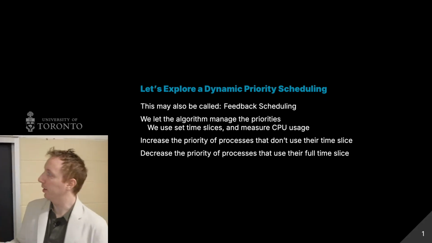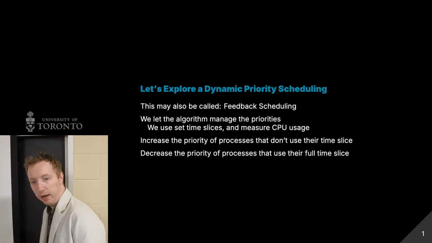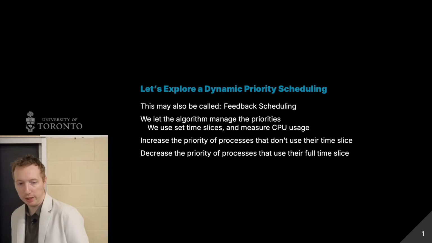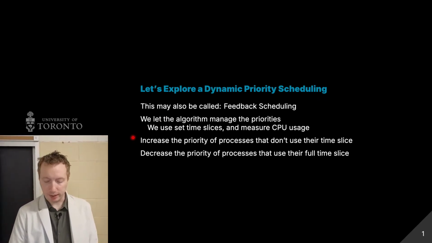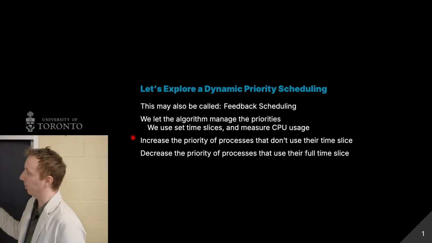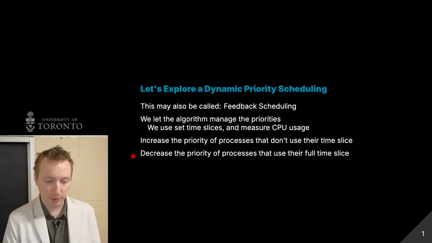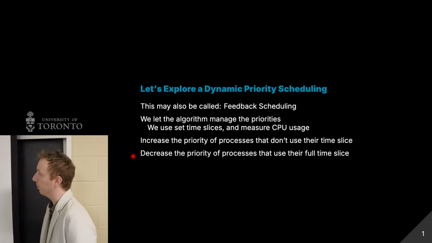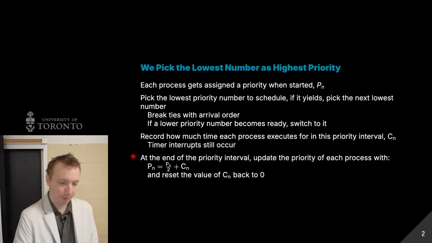We use set time slices, measure CPU usage, kind of like the idea of the completely fair scheduler and having a virtual runtime, except a lot more simplified. In this case, we dynamically adjust the priority of processes, so we increase the priority of processes that don't use their time slice and decrease the priority of processes that use their full time slice or that run for a long period of time. So that is our goal for this.